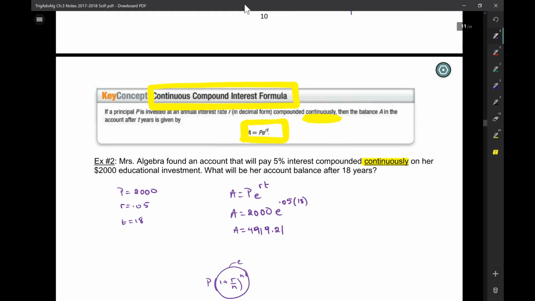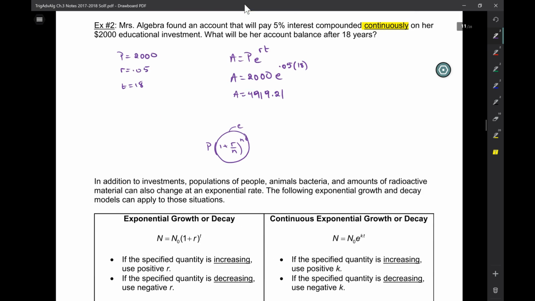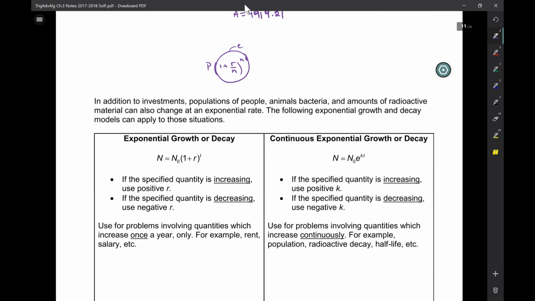Okay. So these two formulas, you use them only for bank accounts. All right? Because the letters in there, P for principal and so on, are specifically for bank accounts. But that's not all exponential functions are used for.